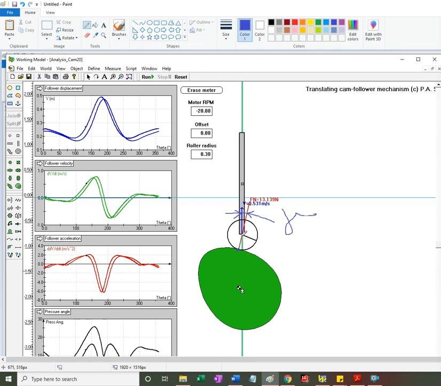The velocity of the center of the roller for a translating follower is, in this case, vertical. The normal force at the contact point has the direction connecting the contact point with the center of the roller. This will be the common tangent, and the common normal has a direction through the center of the roller. Okay.